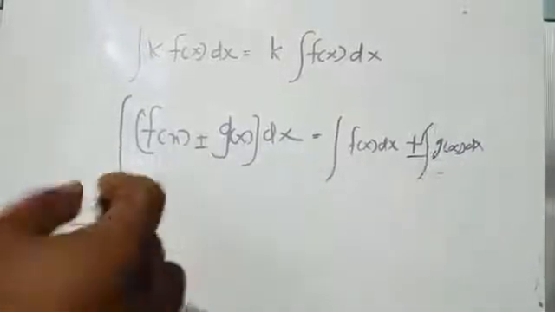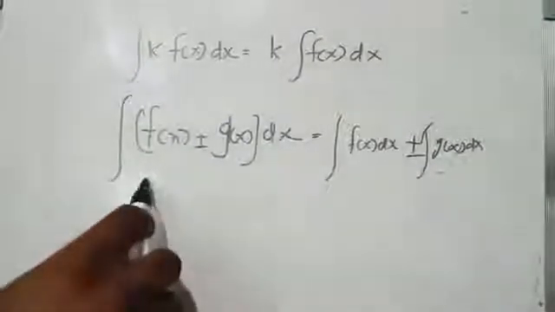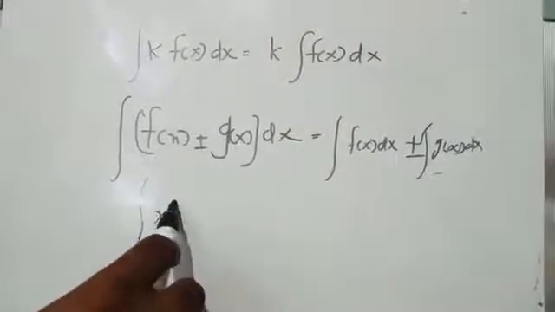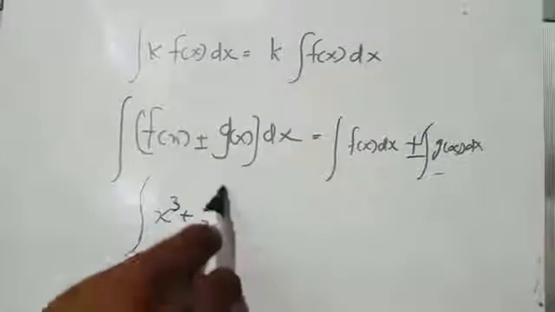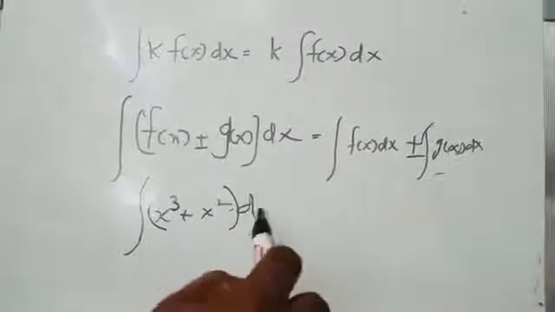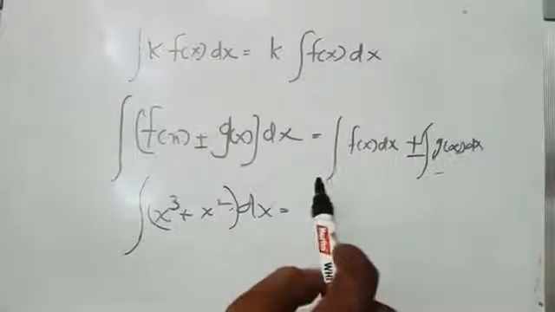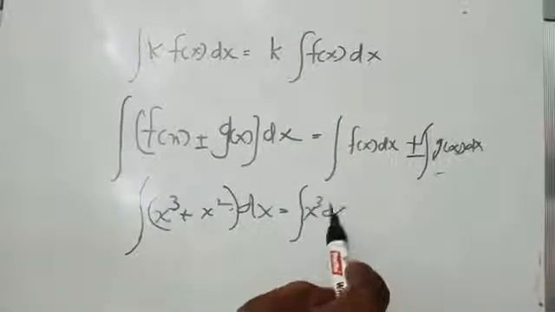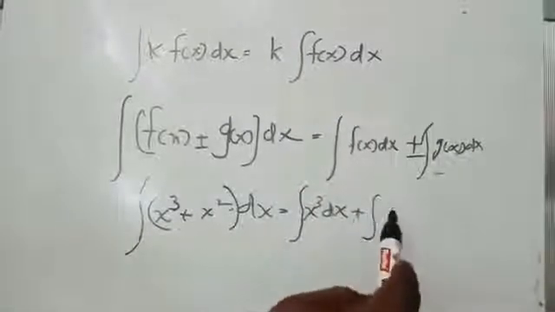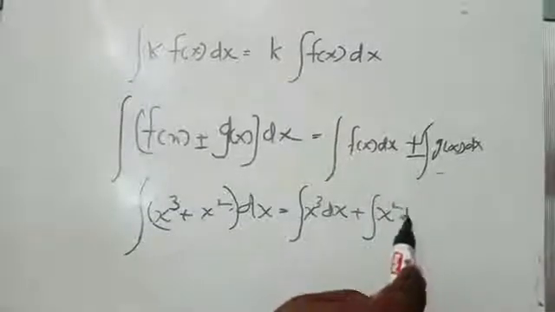For example, you have integral x cubed plus x squared dx, which can be written as integral x cubed dx plus integral x squared dx.